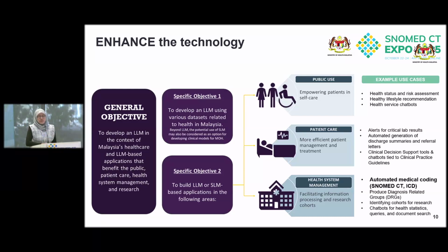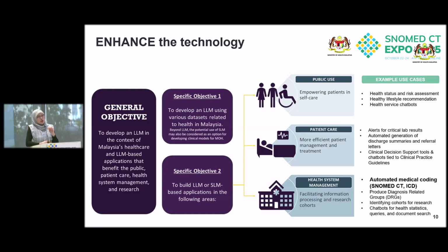So right now, we have open a request for proposal, where either industries, researchers, universities or even companies can give a proposal on how they want to develop this, but we have a general scope on what we require. And that basic requirement contains two objectives.